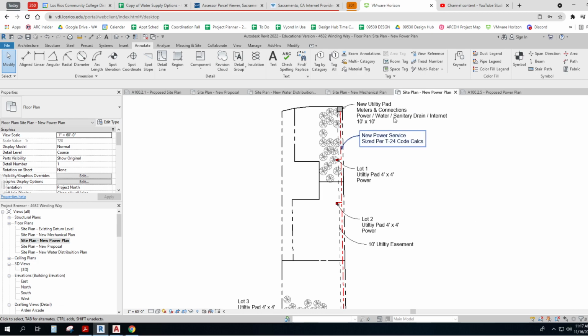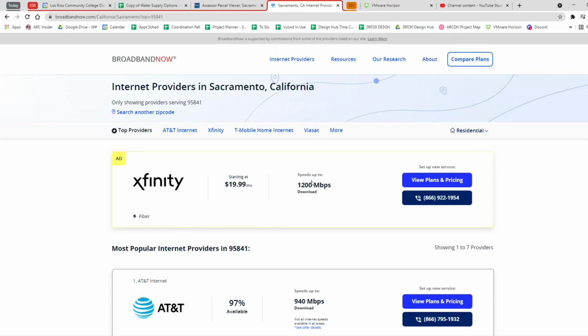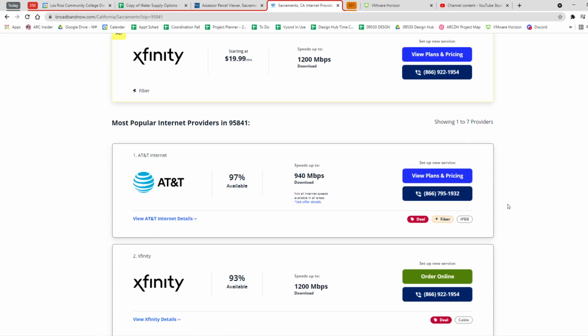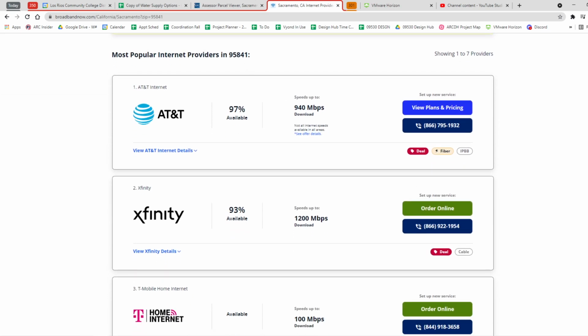Okay, and I did, by the way, check to see in this area who was available. I'm not positive that these are all available on that site, but certainly in the 95841 it is.